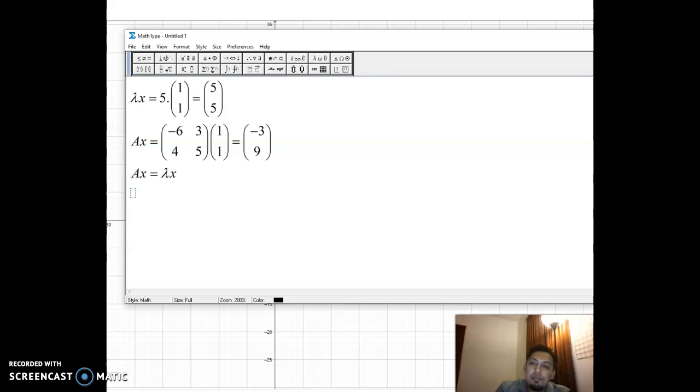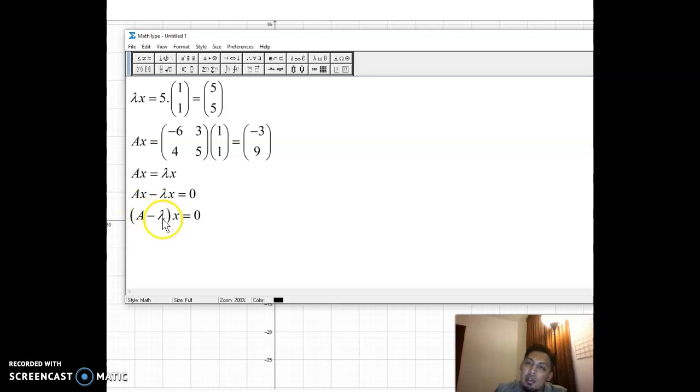Alright, so if we try to simplify it even further, we move this to the left hand side, so that will give us Ax minus lambda x equal to 0. And if you simplify it, you should get (A minus lambda) x equal to 0. But please note that this A here is in the form of a matrix.